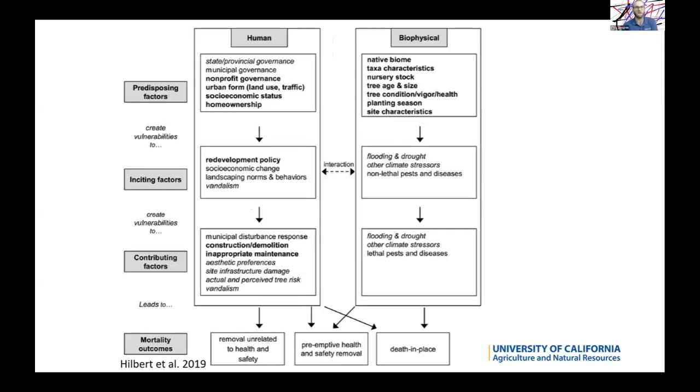But it's been adapted by a lot of different people to include a lot of different things. Some people would like to add a human element to it and say humans play a big part, especially in urban settings, which ultimately contributes to tree death as well.